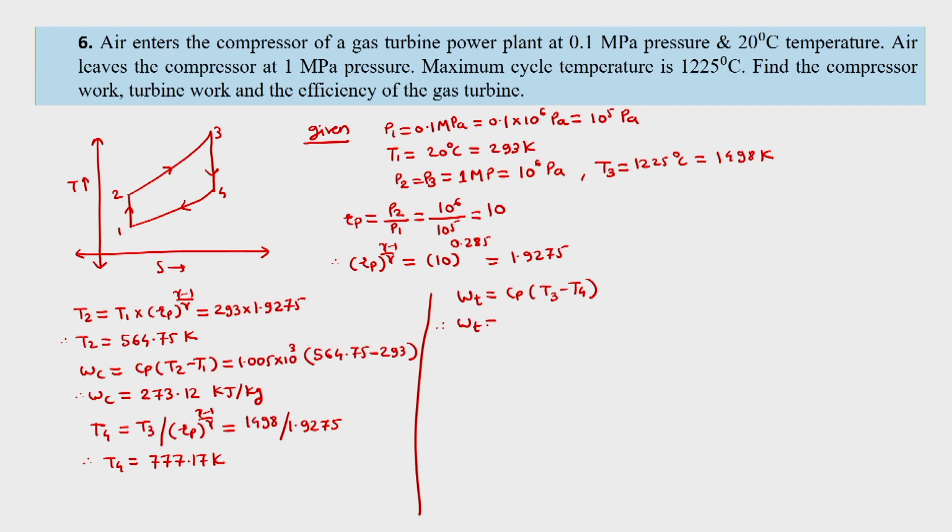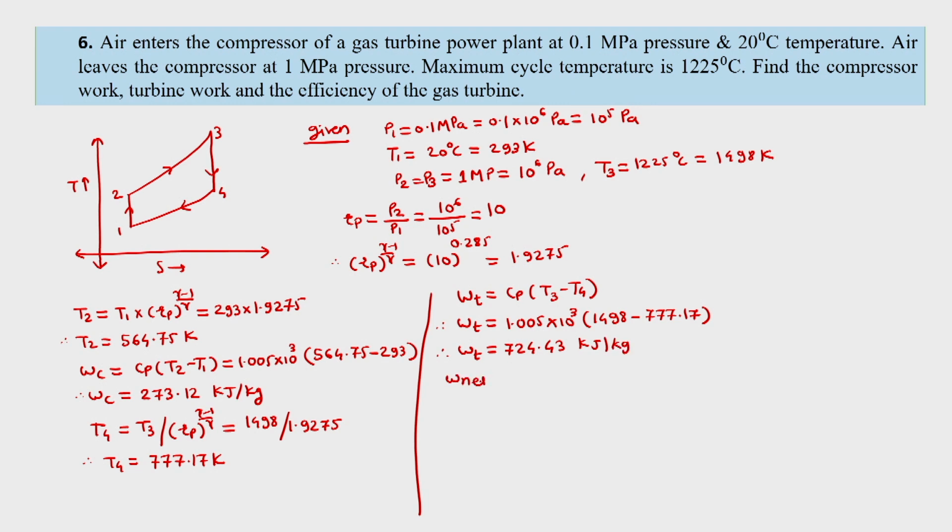So Wt is 1.005 into 10 to the power 3 joule per kg Kelvin into 1498 minus 777.17. So turbine work for us is 724.43 kilojoule per kg.